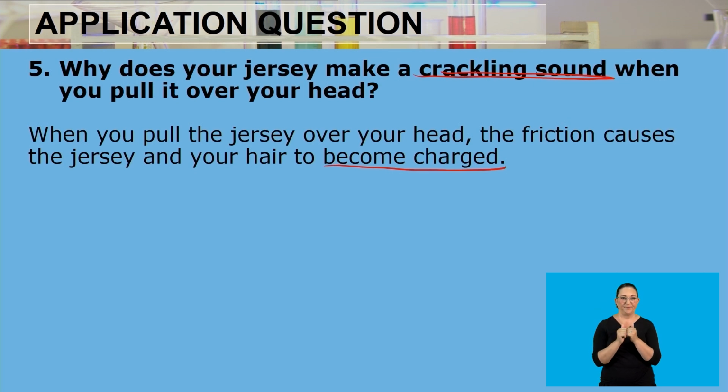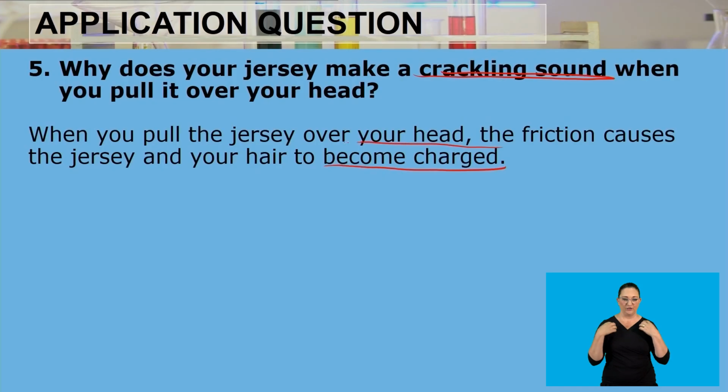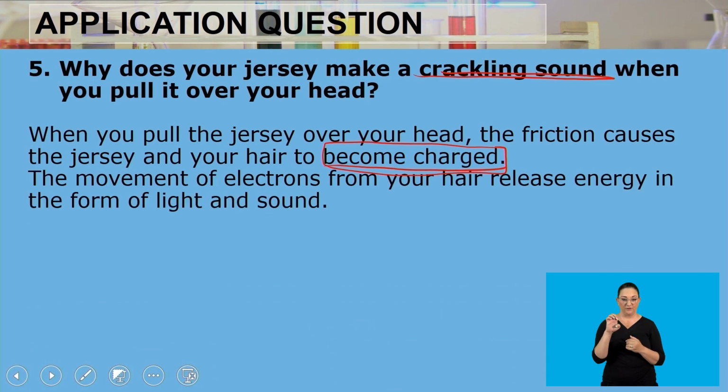When they are rubbing against each other, that friction is going to cause both the jersey and the hair to be electrically charged. And when this happens, the movement of electrons from your hair releases energy. As the electrons are transferred from your hair to the jersey, energy is released in the form of light and sound.